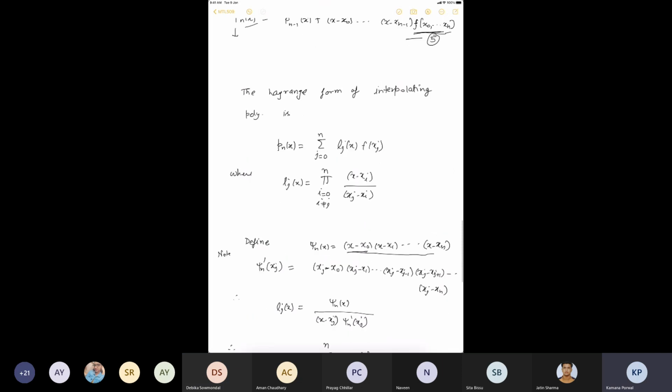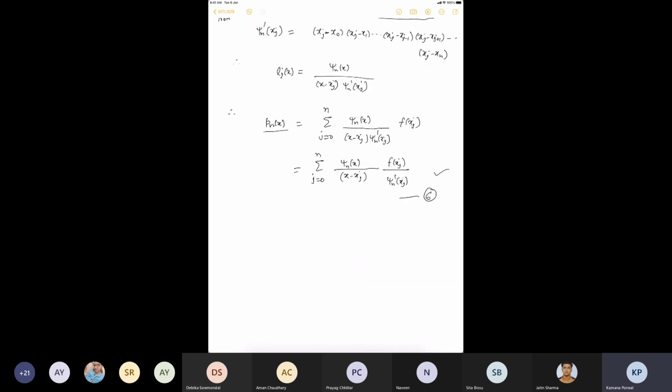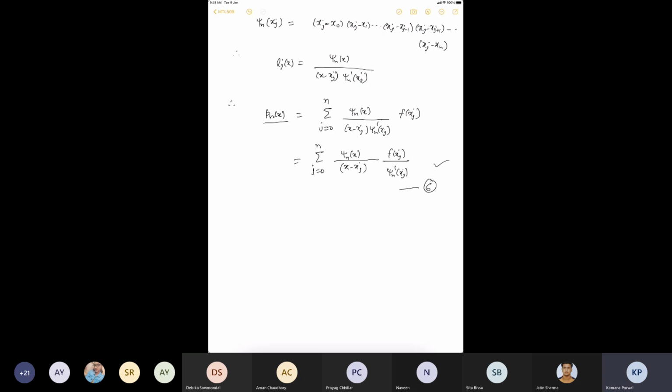This is nothing but the nth order divided difference which we have found. So what we are doing basically is comparing the nth degree term in Lagrange and in Newton's formula for the interpolating polynomial.